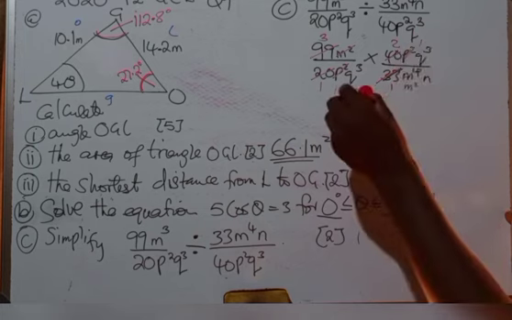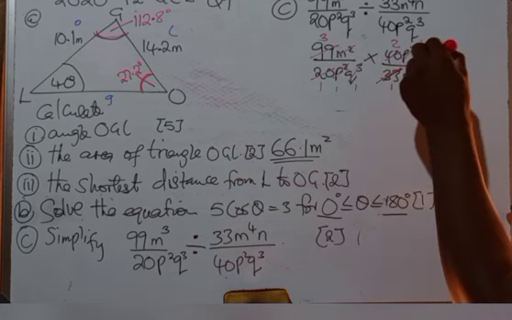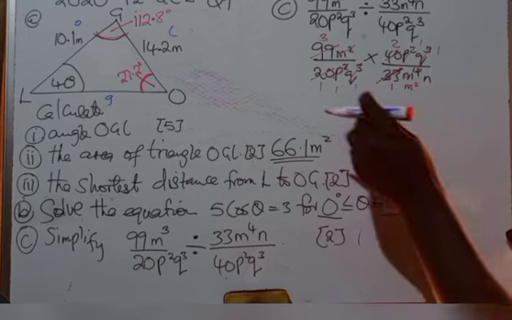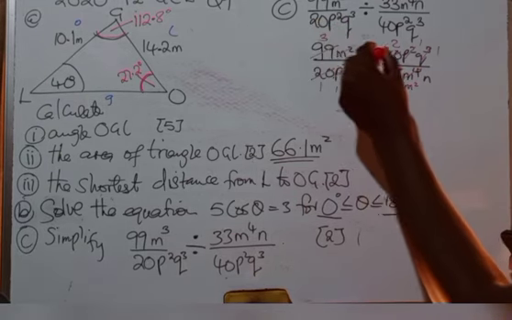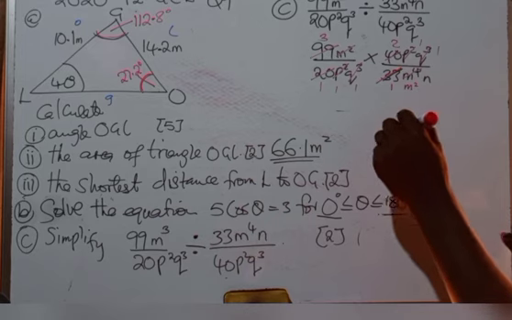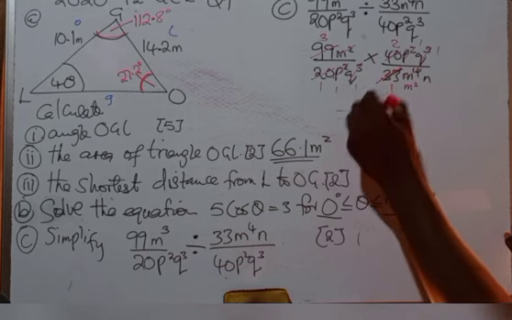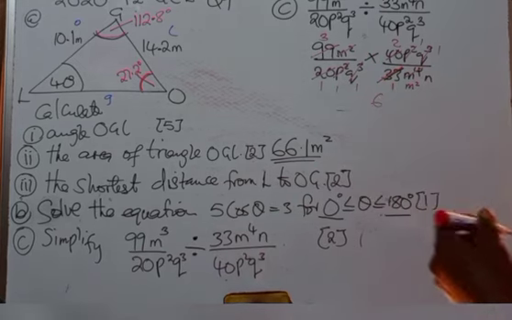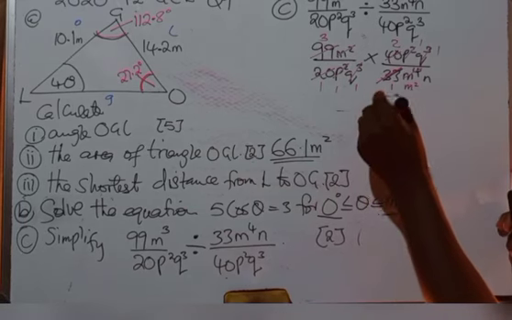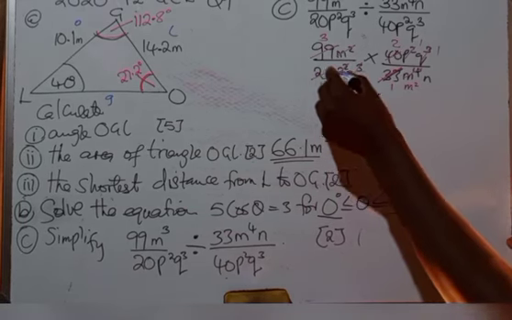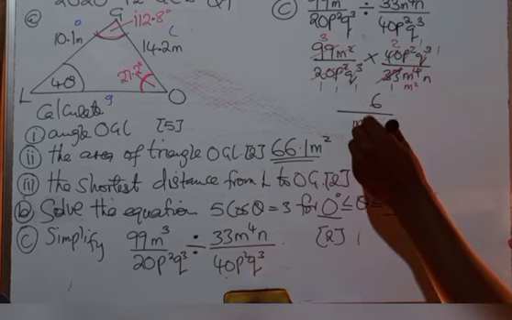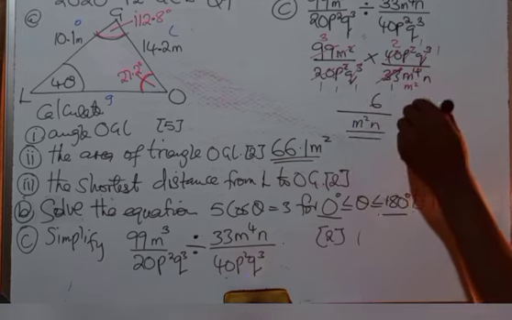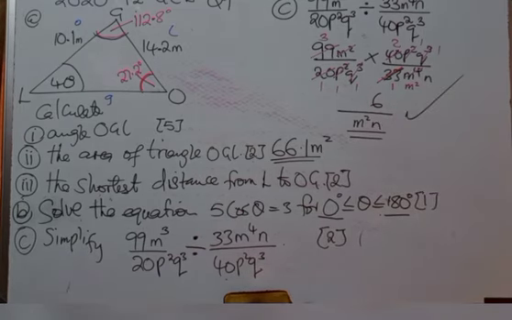We have 3q, 1 there. So our final answer will be 3 multiplied by 2, which is 6. So we are going to have 6 over, if we multiply everything there, we are going to remain with m squared and n. So this is the answer we have for this algebraic question, which is under simplify.